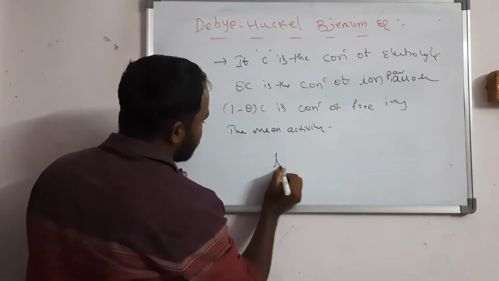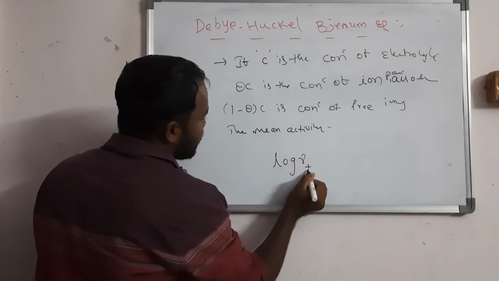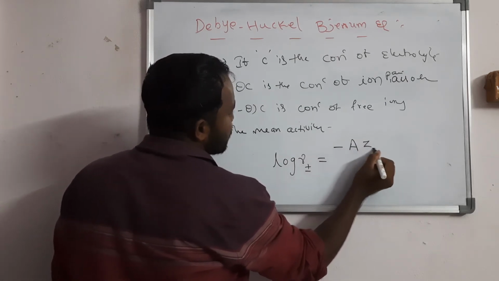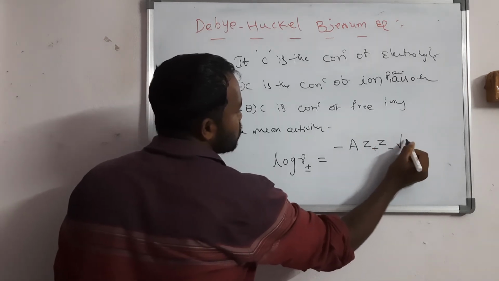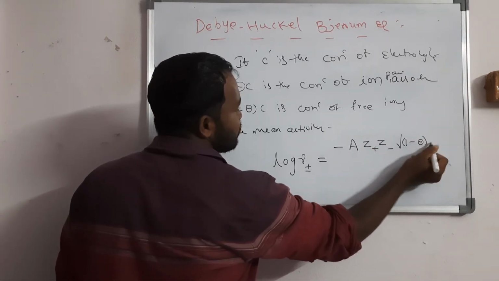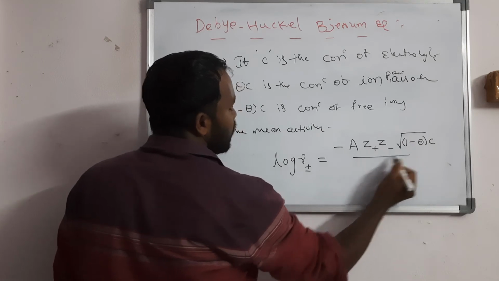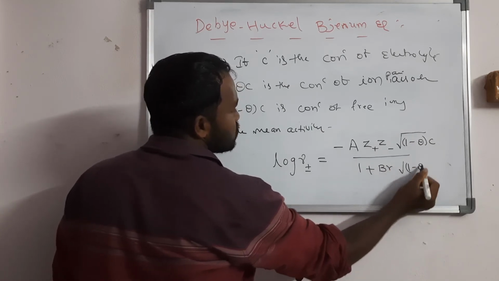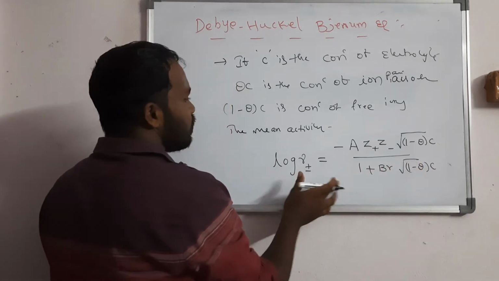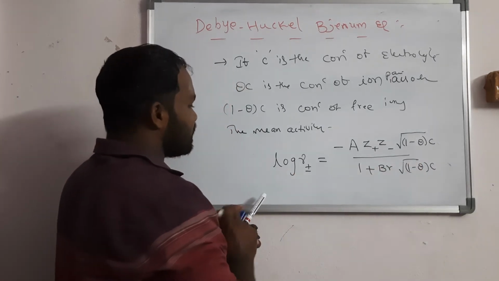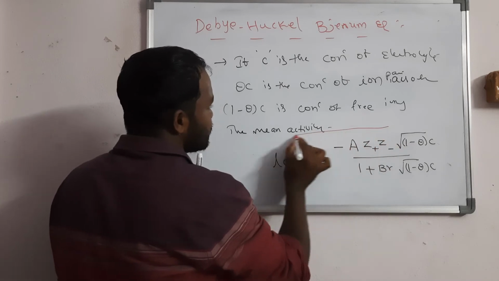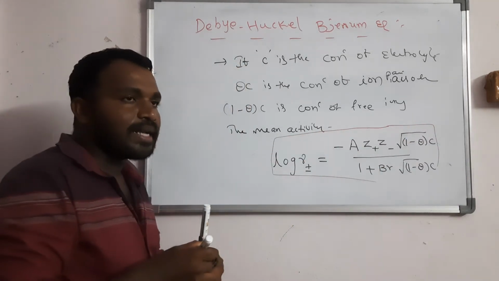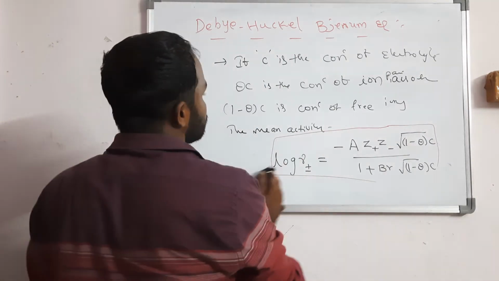That is, log gamma plus or minus is equal to minus a into z plus into z minus into under root of 1 minus theta into c, divided by 1 plus b into r into under root of 1 minus theta into c, you should write. So this is the Debye-Hückel-Bjerrum equation. You should write all the points in the examination, one by one.